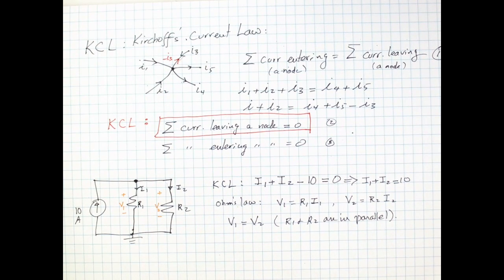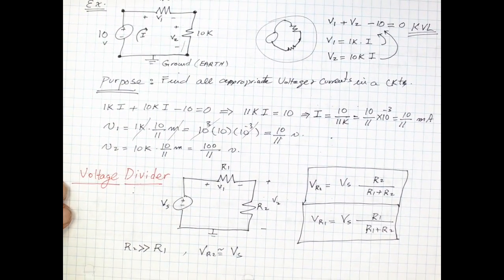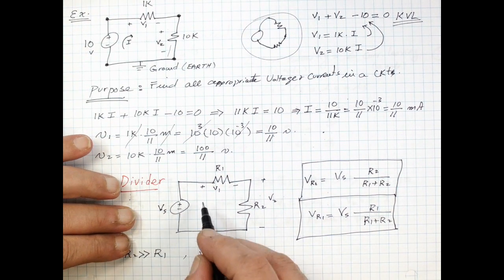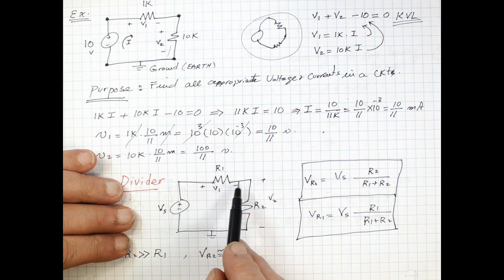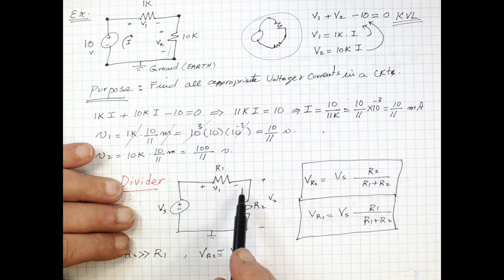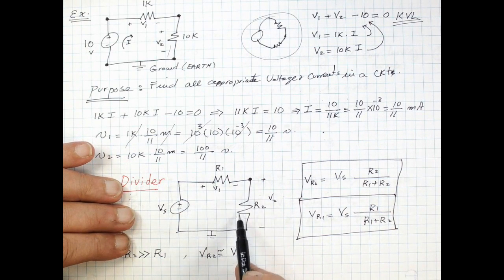Let's go back to the voltage divider rule that we just discussed. If you remember, these two elements are connected, and we say they're in series with each other. Notice they share essentially one node, and there's no other nodes involved here.